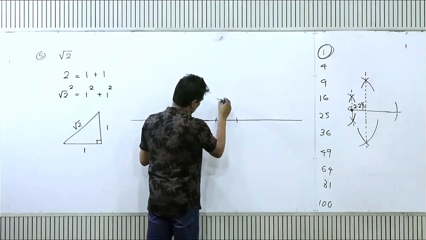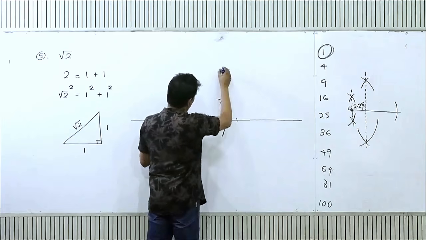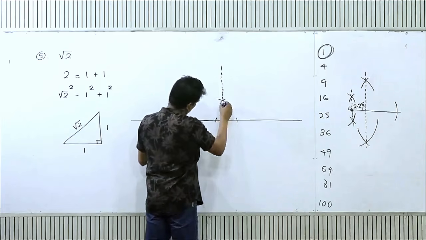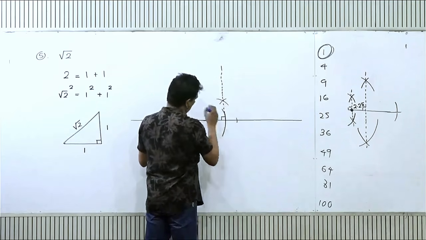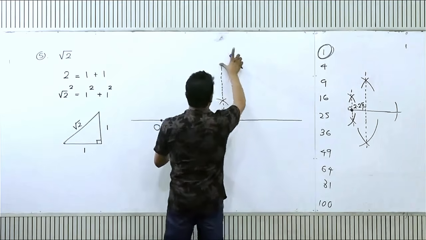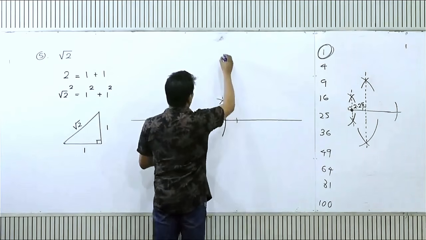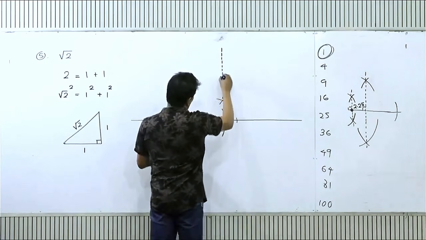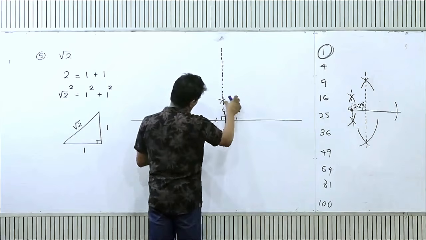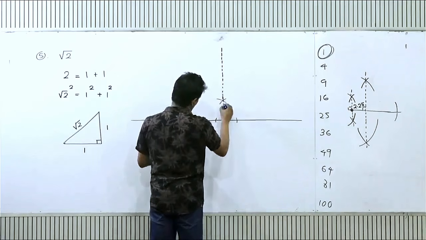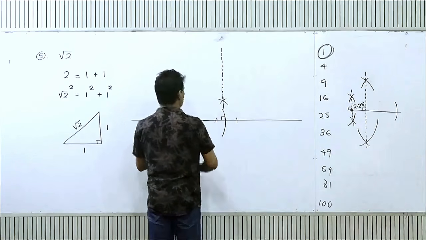Then we have to join this point to this point. This is a right angle.